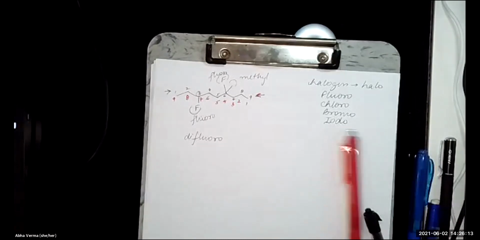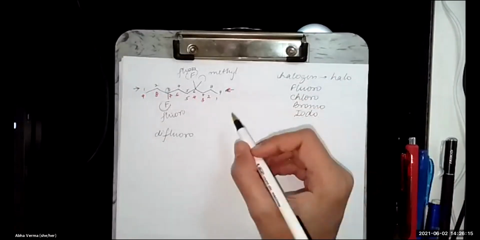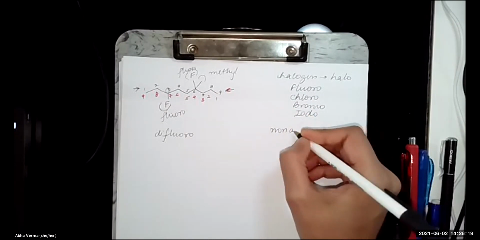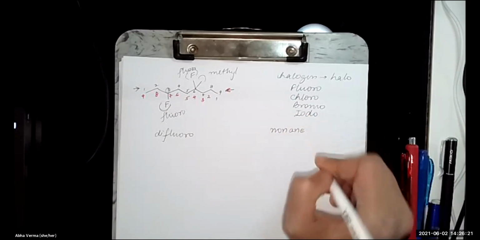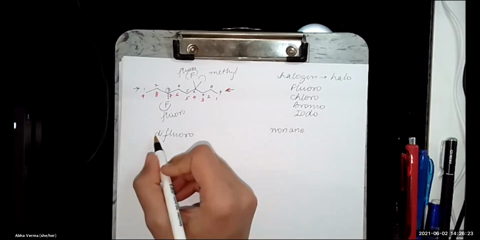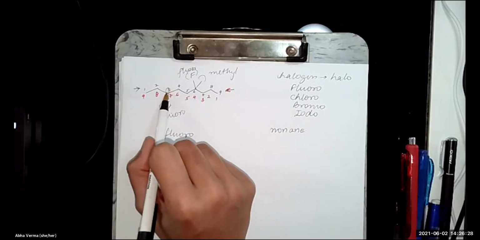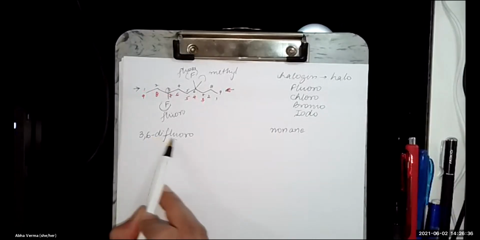So I will first give its root name. 9 carbons, non, throughout hydrocarbon and no other priority, so ene. I have a difluoro. Where do I have a difluoro? It is on the third and the sixth location. So 3,6 hyphen difluoro.